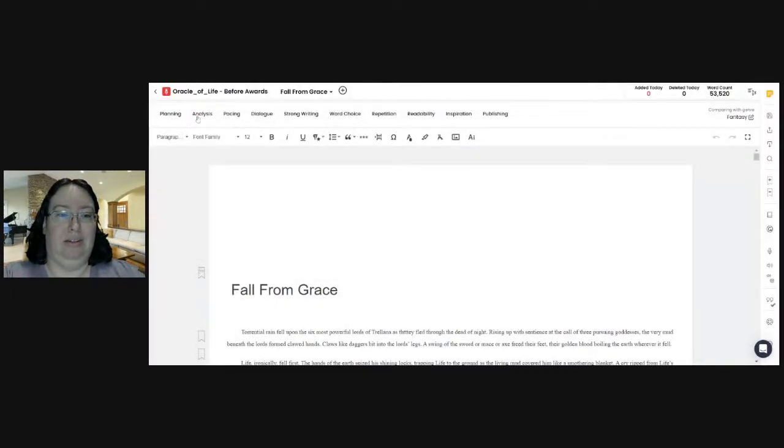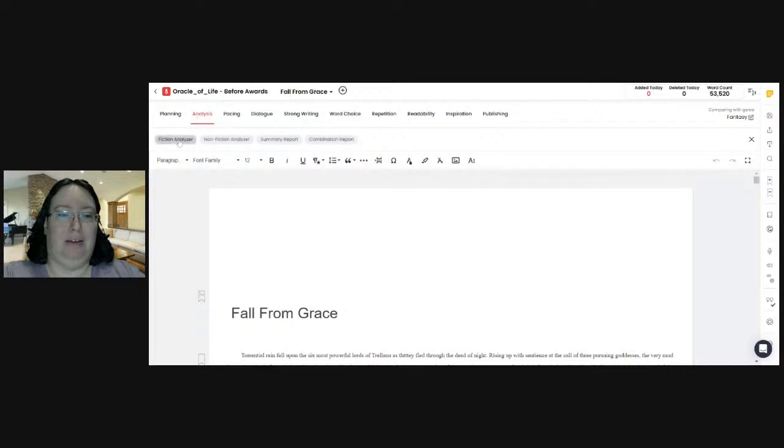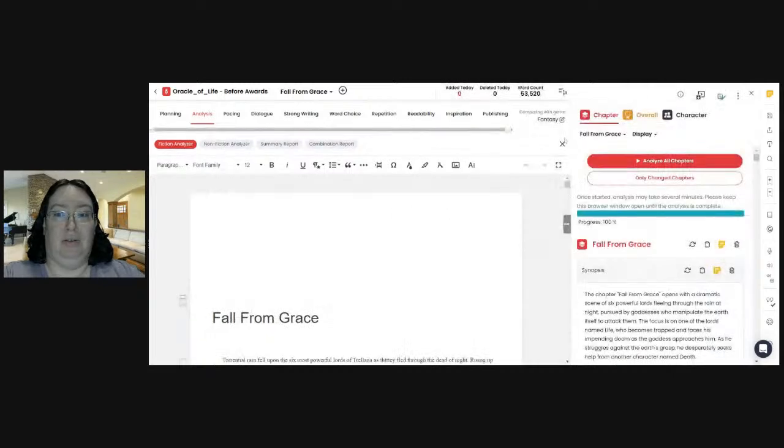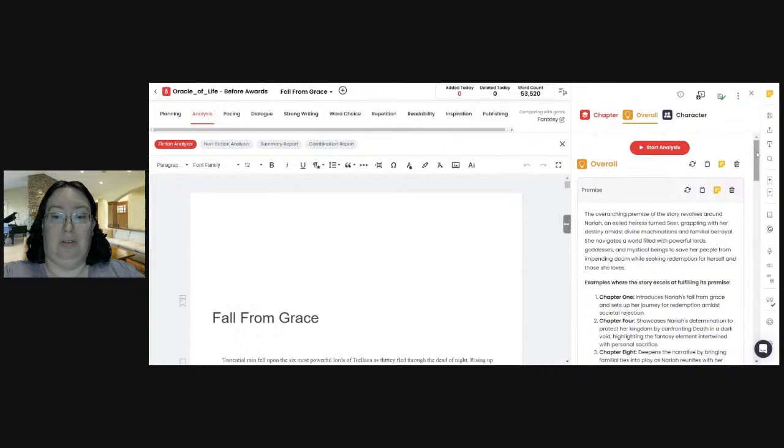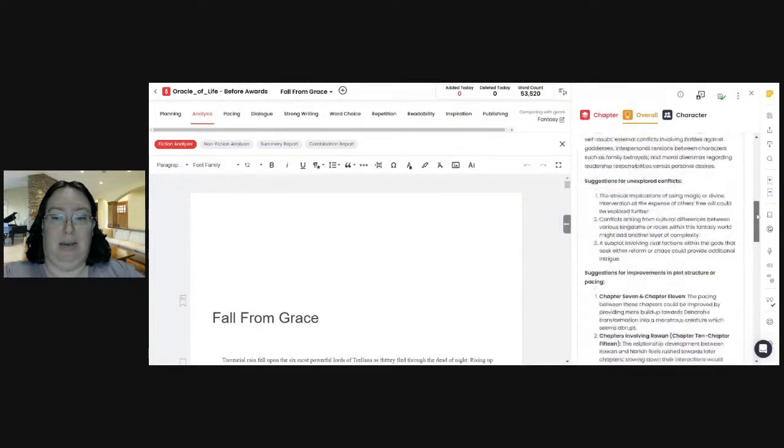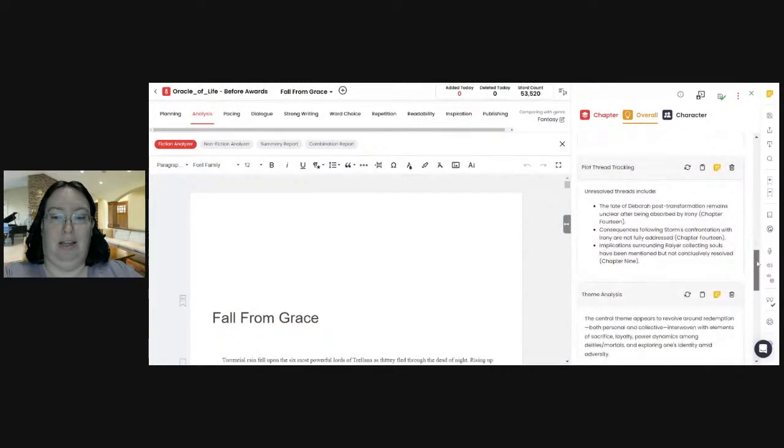All right. Under the analysis tab, we've got a fiction analyzer and a nonfiction analyzer. This is going to be something that you can use to run on your existing story to get those unresolved plot threads that we talked about, conflict through lines, so unresolved plot threads in the book.